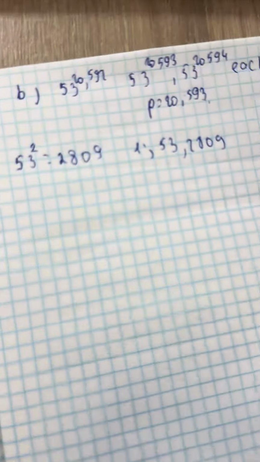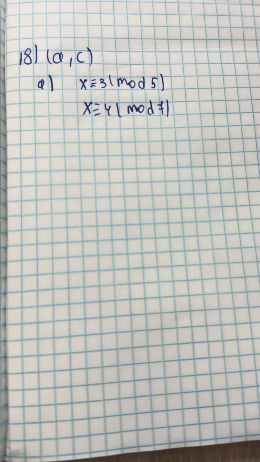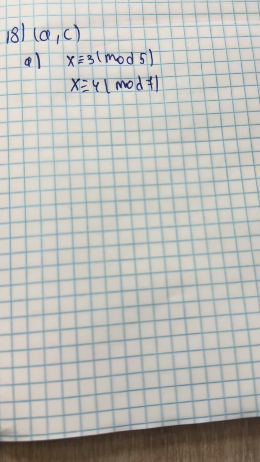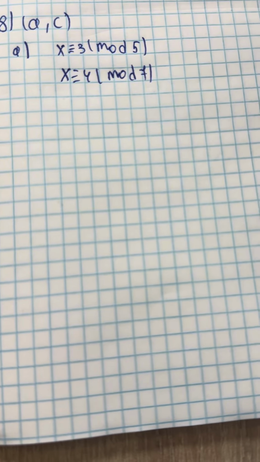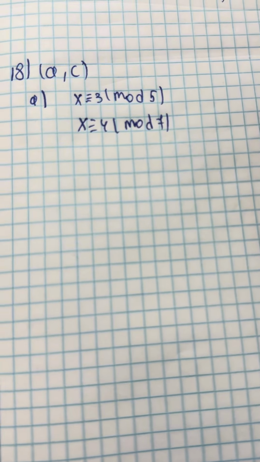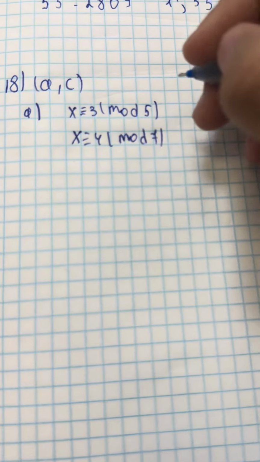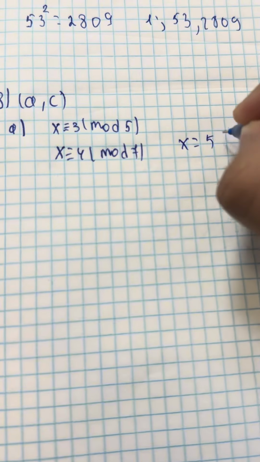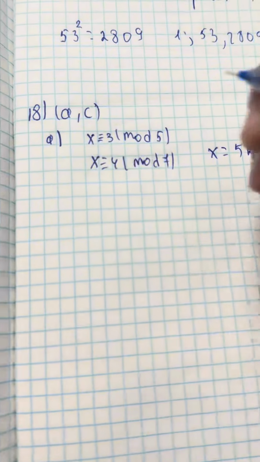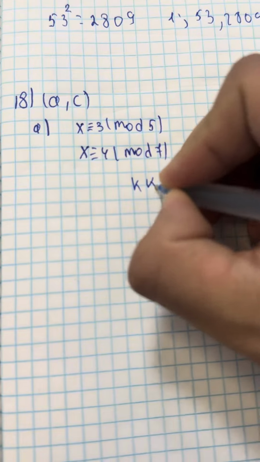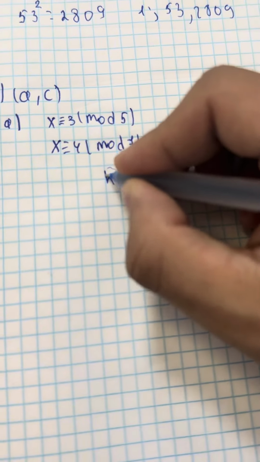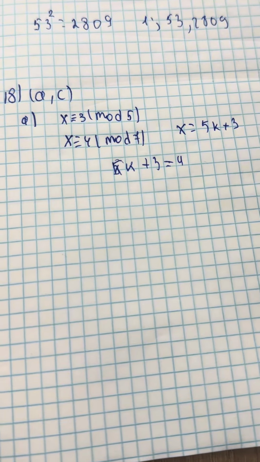For part A, we need to find the smallest number x that leaves a remainder of 3 when divided by 5 and 4 when divided by 7. We start by writing the first congruence as x equals 5k plus 3, where k is an integer. Now we substitute this expression into our second equation.